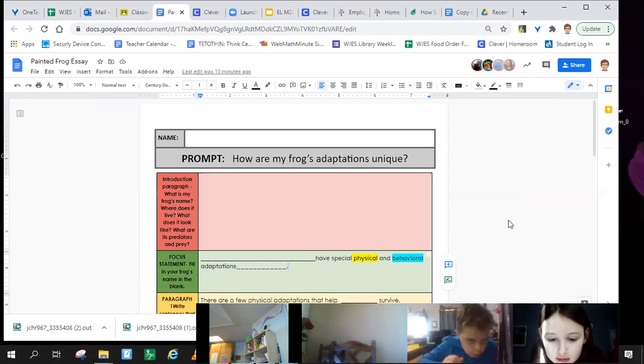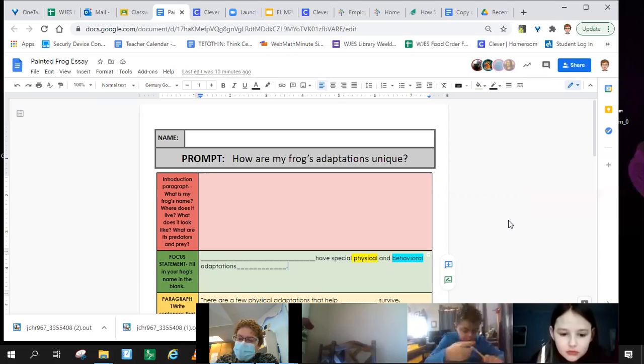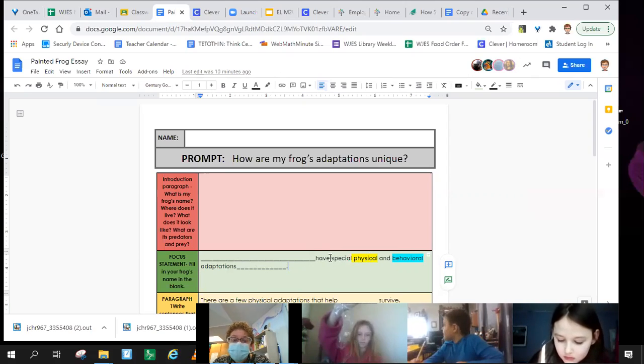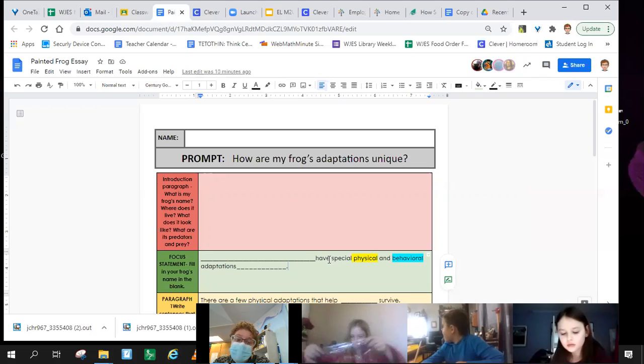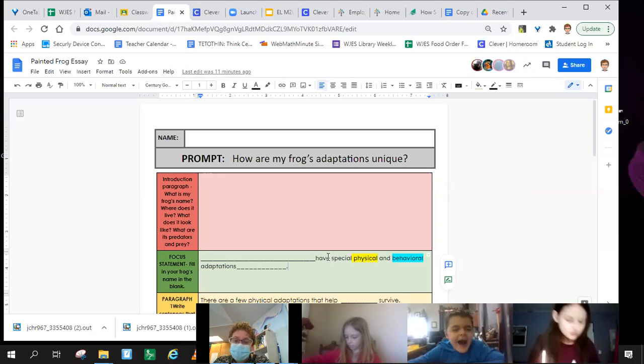Remember, the focus statement is at the top of page 121 already. All you have to do is type it inside the green section. If you need to change have to has, or you can make that sentence your own. I just gave you a sentence stem.